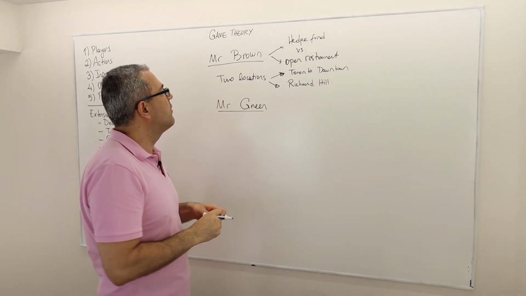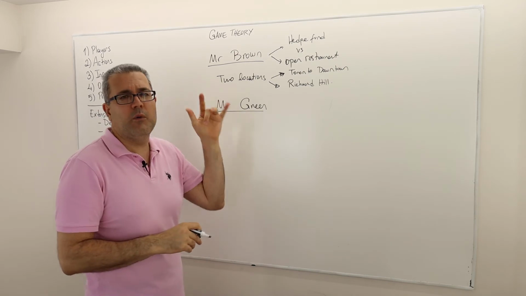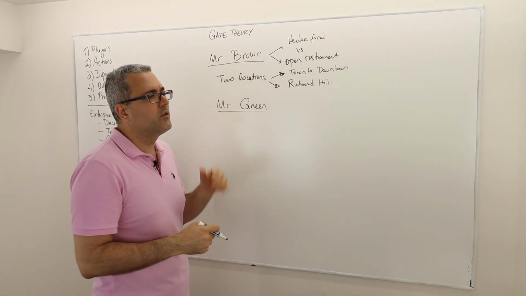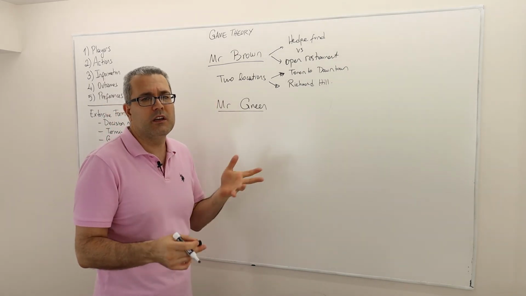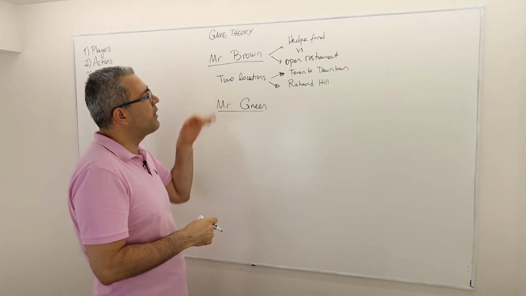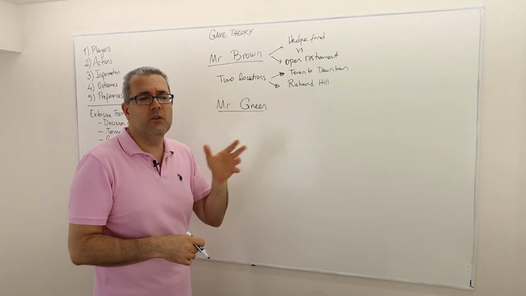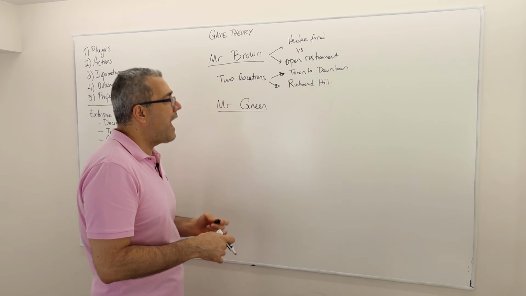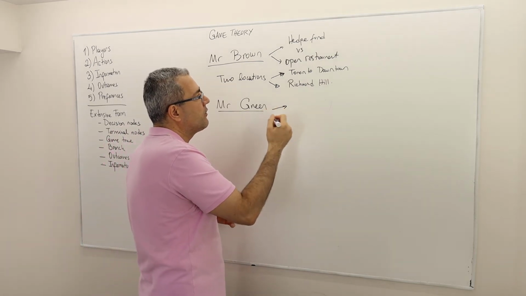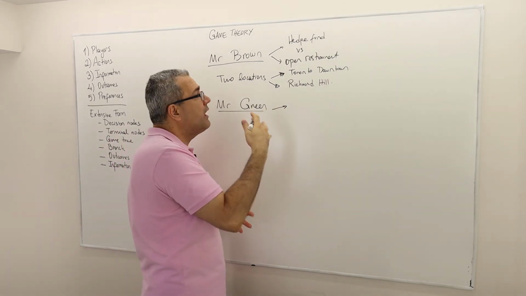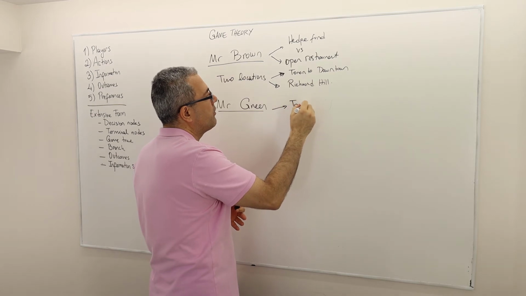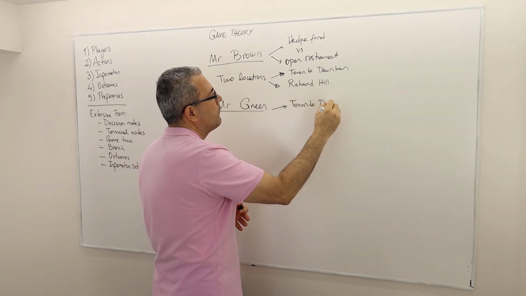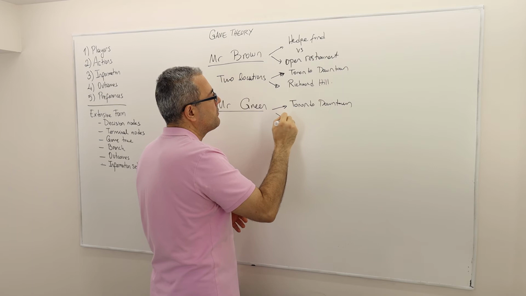They know each other, they're colleagues maybe, and they already operate some restaurants here and there. So Mr. Brown heard that Mr. Green is also willing to open a restaurant, and he too is thinking of opening one in Toronto downtown versus Richmond Hill.